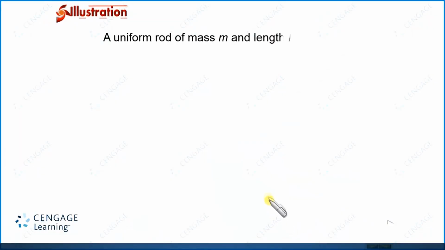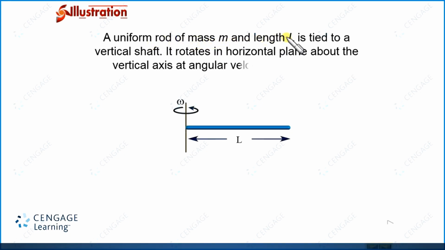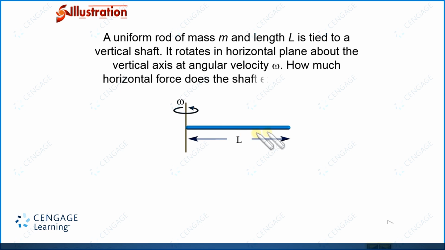In this illustration we are given a uniform rod of mass M, length L. You can observe here this is a uniform rod, that is mass is uniformly distributed over the length, and it is having mass M, length L. It is tied to the vertical shaft. This is the vertical shaft, and it can rotate in the horizontal plane about this vertical axis with angular velocity omega, okay.